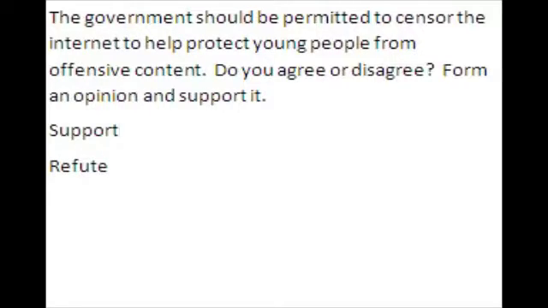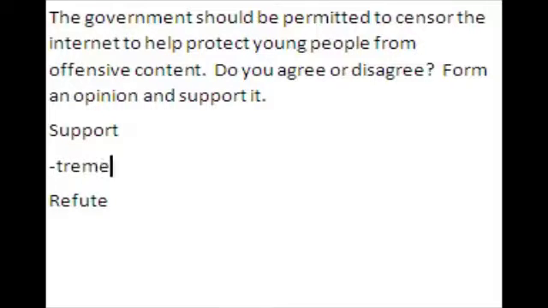So firstly, to support the idea that the government should be permitted to censor the internet, one thing might be that the internet has a lot of adult content on it, and this type of content could, I think in most people's opinions, be harmful to children, to young people.